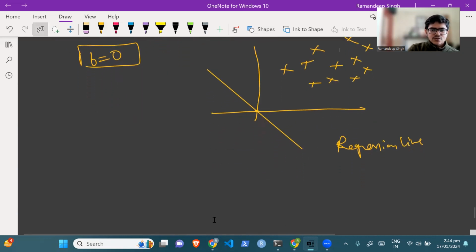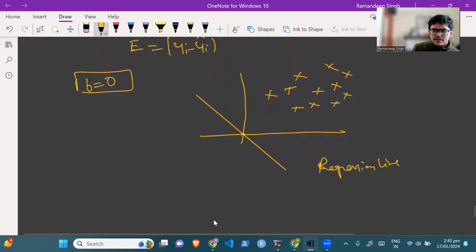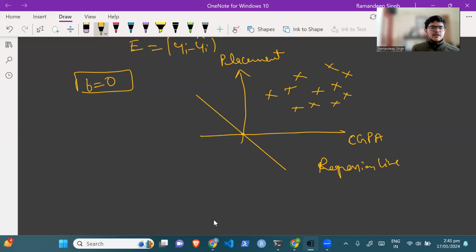This is my CGPA, and this is my placement. So when I plot this error function, what I mean by plotting this error function is that here I have my slope and here I have my error.